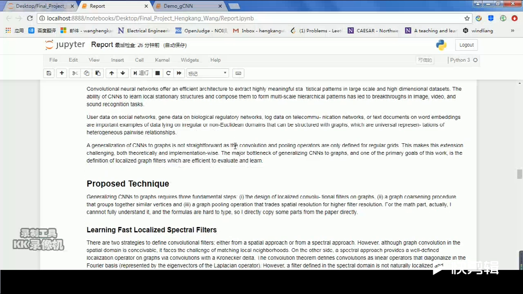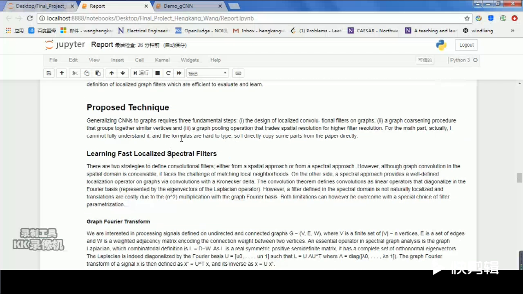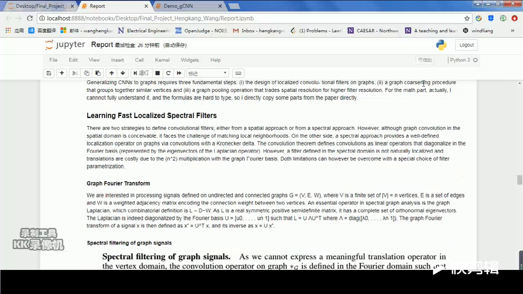And then the paper comes up with an algorithm called GraphCNN. First, the algorithm designed convolution filters for a graph, and then does the coarsening part, and finally does the pooling part.